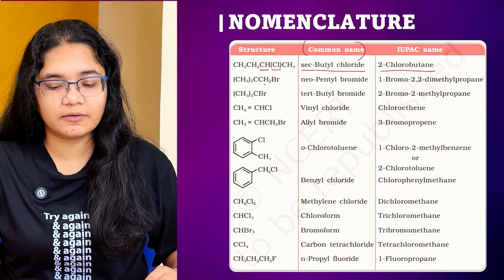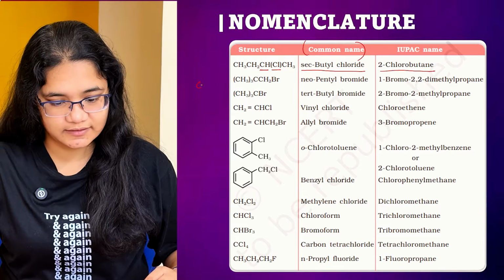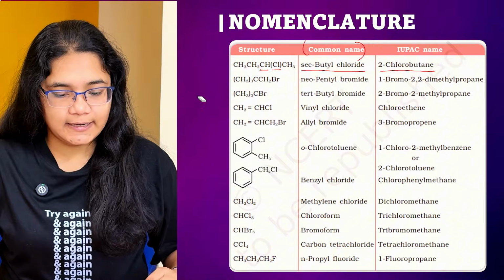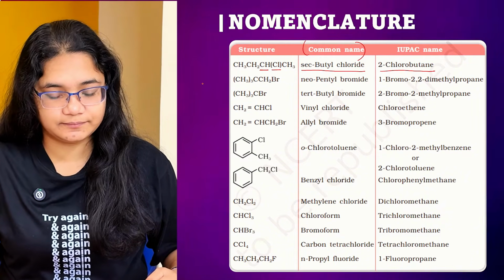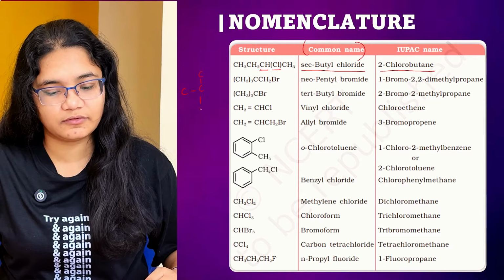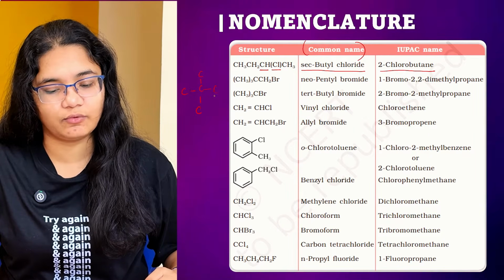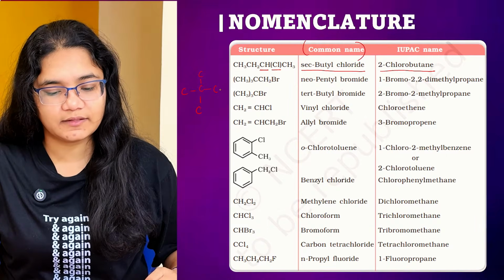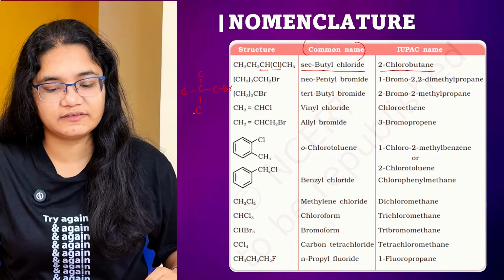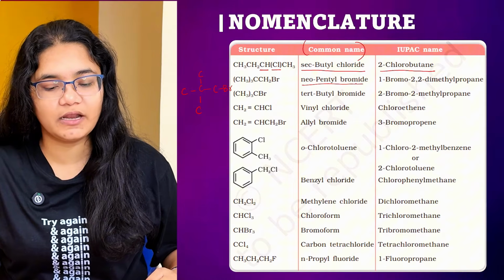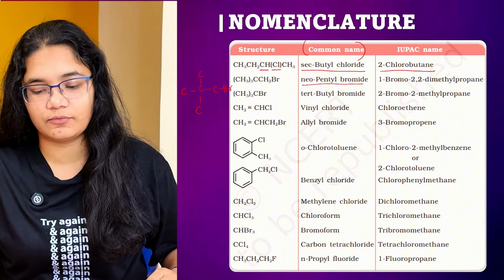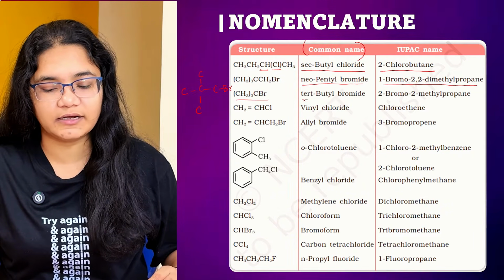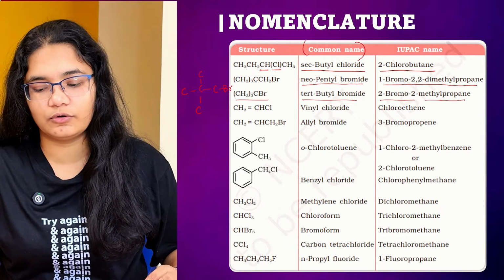Now if you have a structure like this, with 3 carbons here and then 1 carbon attached, and the next carbon containing the Br group, this type of structure is called neopentyl bromide, or 1-bromo-2,2-dimethylpropane. Next, if you have a tertiary carbon, then it is tert-butyl bromide, and then we have 2-bromo-2-methylpentane.